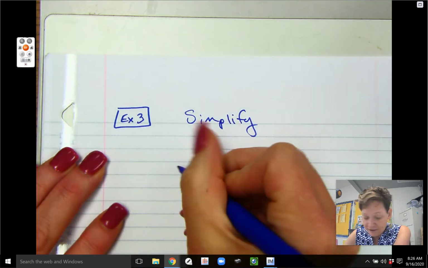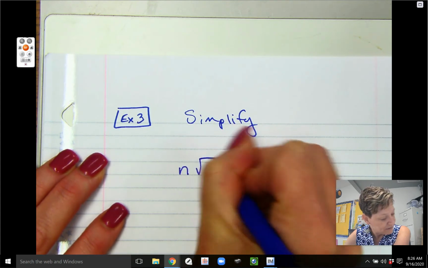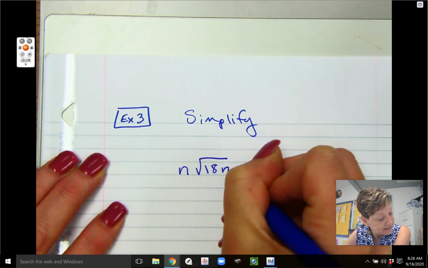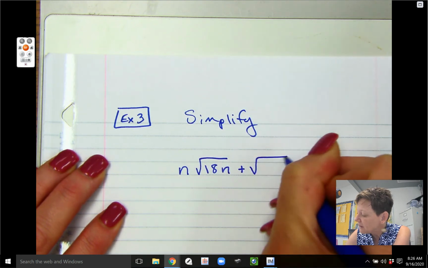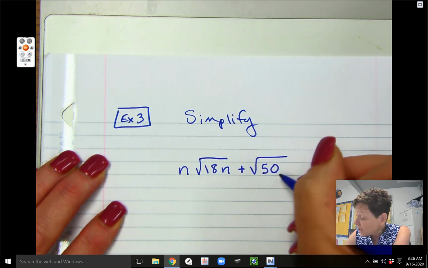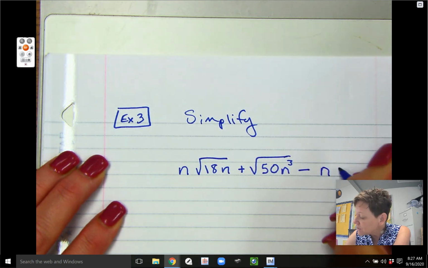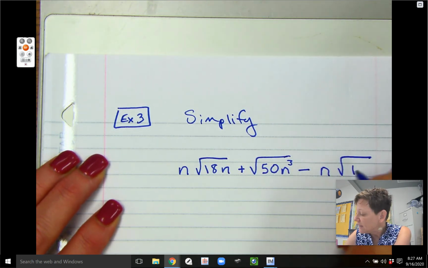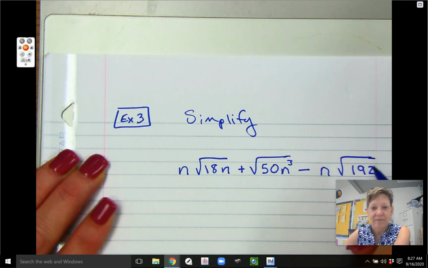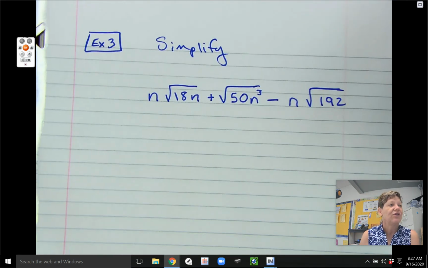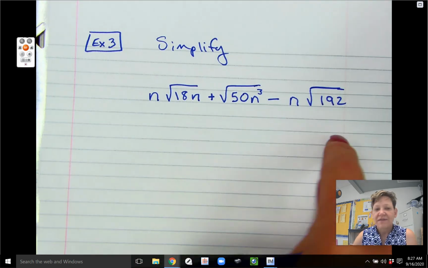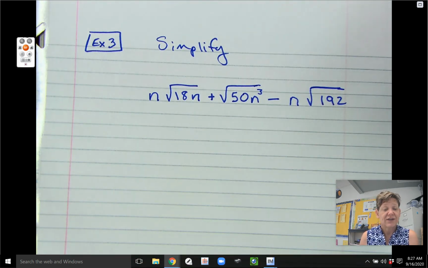And we have n square root of 18n plus the square root of 50n cubed minus n times the square root of 192. So your job is to simplify that. All right, take each piece, simplify each piece, and then determine if they are like terms or not. And if they're like terms, you can combine them.